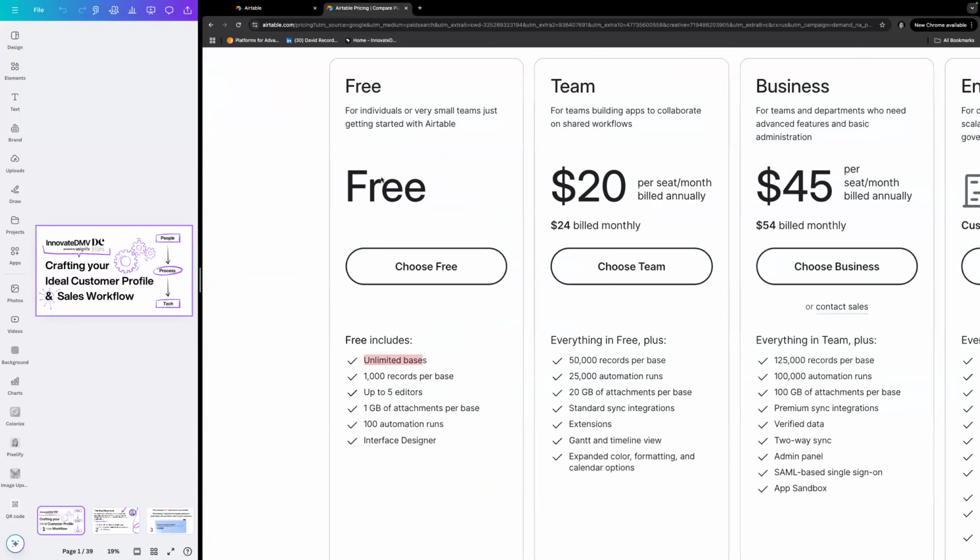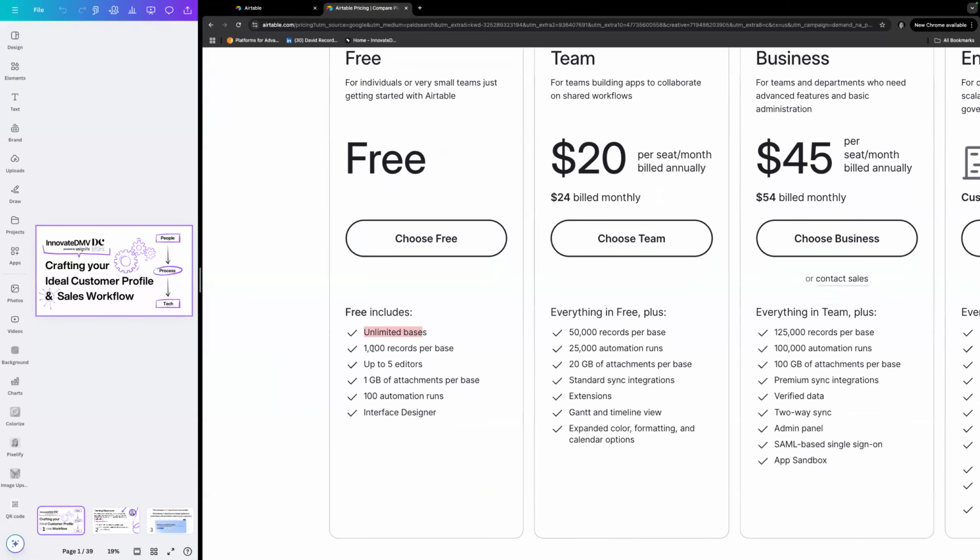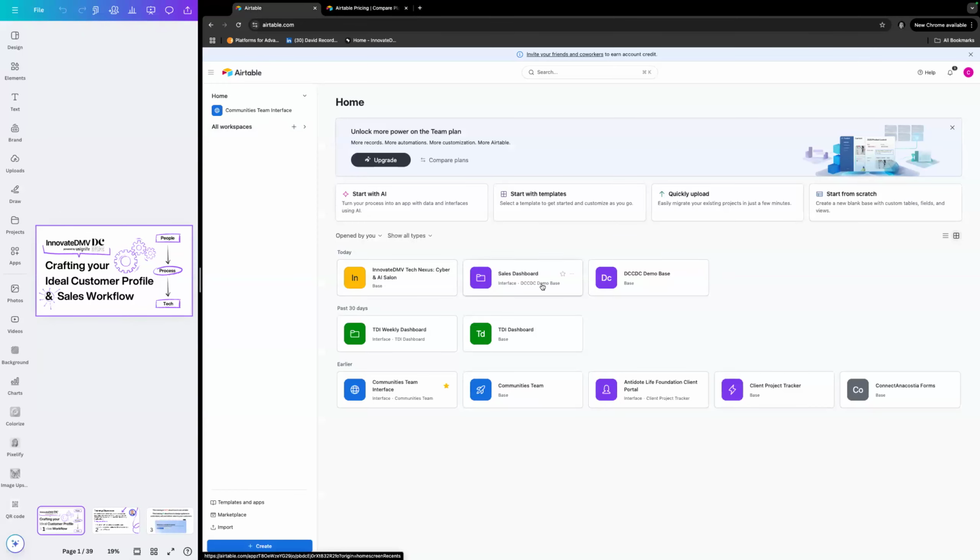I'm using the free tier right here. You can have up to 1,000 records per base and 5 collaborators with you. You get 1 gigabyte of attachments, if you're uploading documents, and you can run 100 automations for free. And you have that interface designer, which we showed you over here.